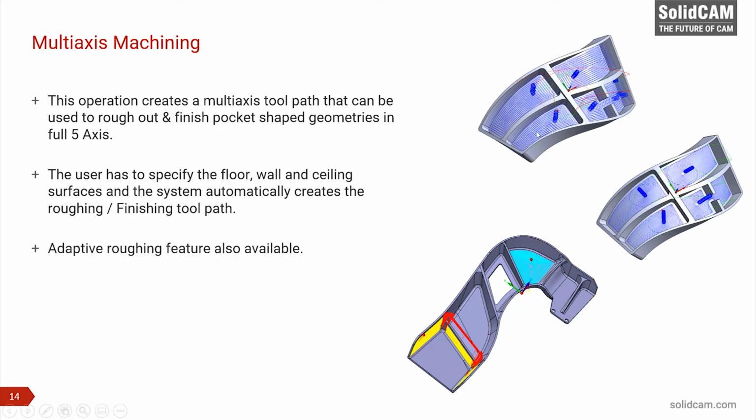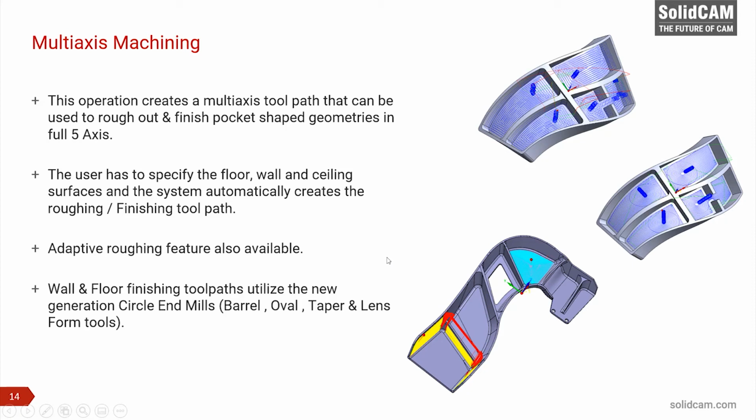Adaptive roughing features like the one shown here are also available, where it creates a constant load on the tool while still machining in full 5x. The wall and the floor finishing, as seen in this part, utilizes the new generation tools like barrel, oval form, taper, or lens form tools.